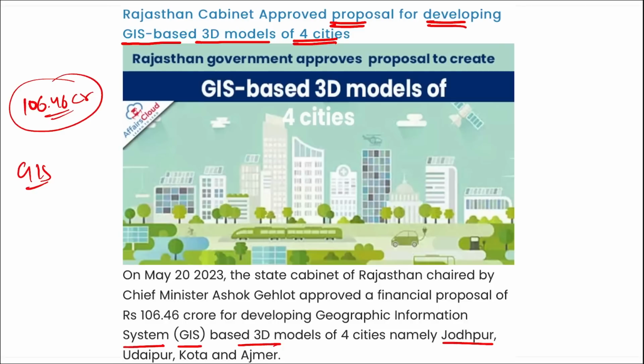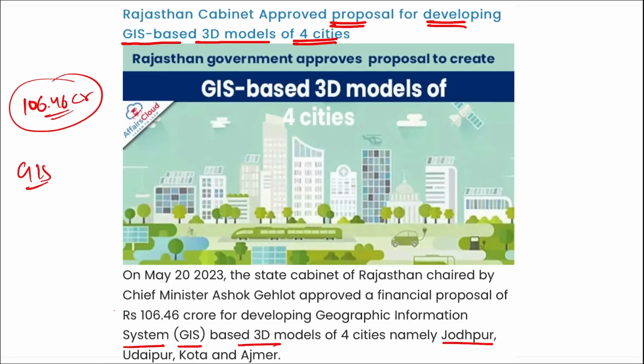With their development, it will be possible to propose land use in city master plans, build new highways, flyovers, colonies and drainage plans, as well as other ground level works at large scale. Infrastructure development, better transport planning and better town planning can be done with the help of these 3D models of these 4 cities.